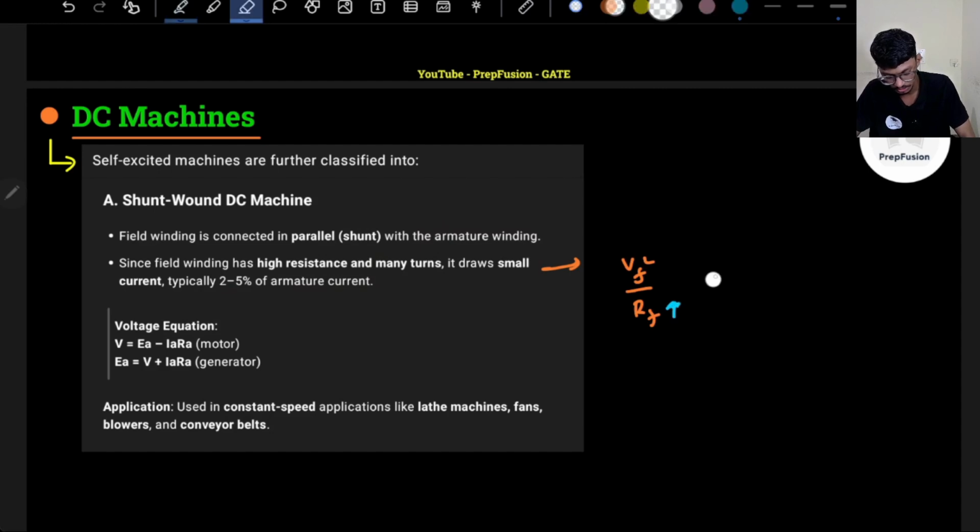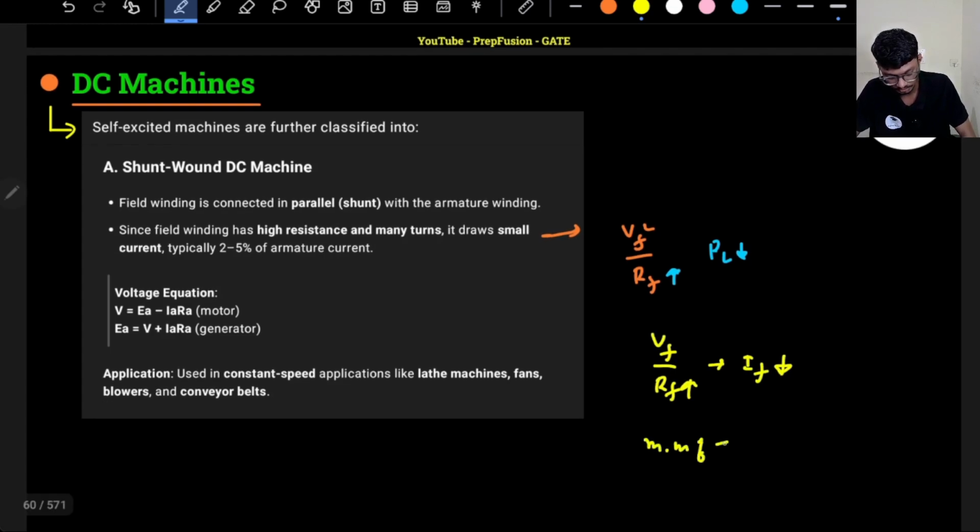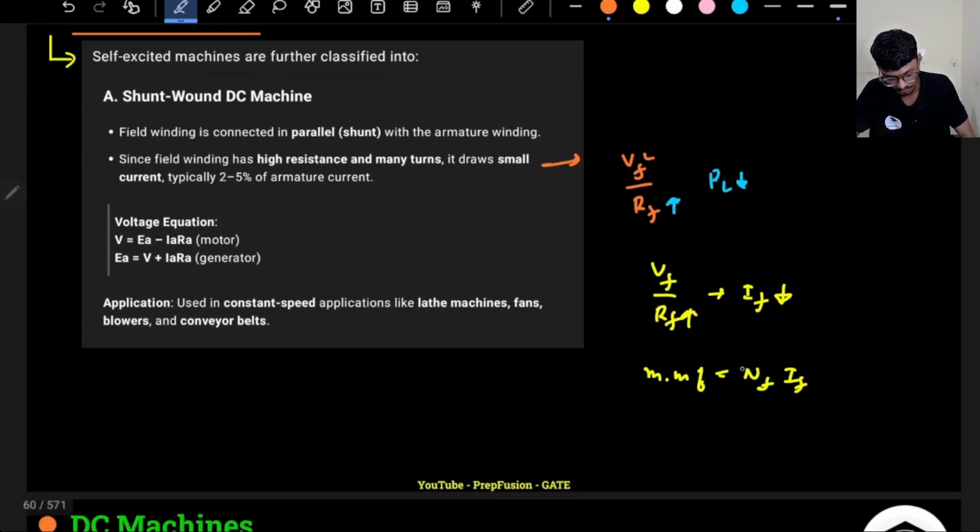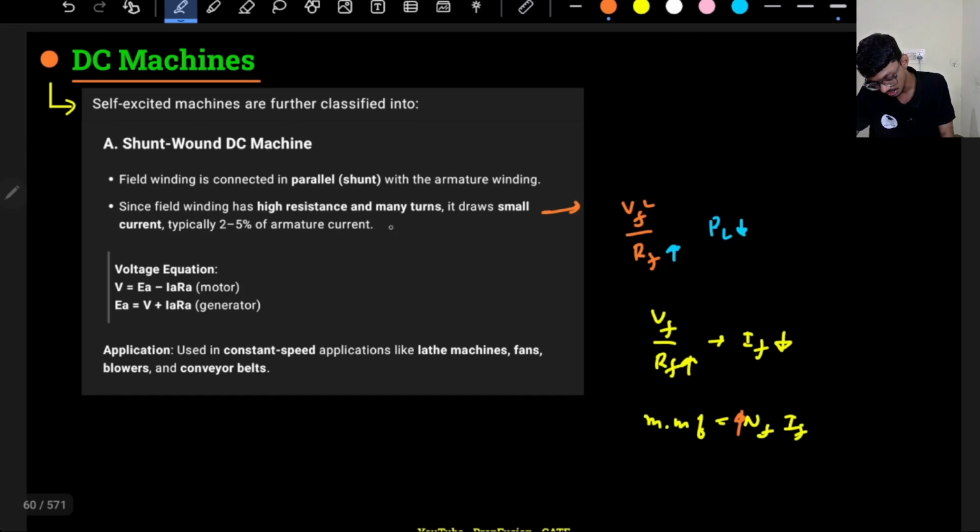Now if Rf is increased, the current, which is Vf by Rf, is decreased. The field current is decreased, but I need good MMF, Nf into If. So if the current is decreased, I have only one option left: to increase the number of turns. That's why it has many turns, and why it has high resistance I have already discussed.